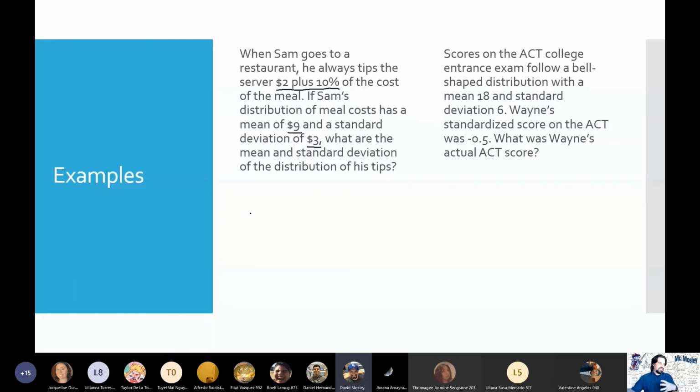And we now need to convert that to the mean and standard deviation of the tips using the fact that we're adding $2 and multiplying by 10%. So if we think back about our mean, the mean, right, measure of center, will change when we add and when we multiply. So I need to do both operations to the mean to get my new mean for tips.